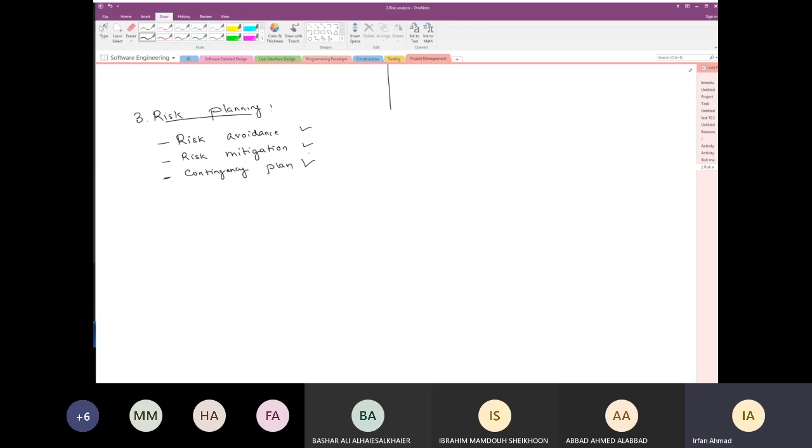Maybe the contingency plan is to have some outsourcing. So I already initiate some discussions with other companies to get myself ready that in case the employees leave and I cannot get good employees in time, I may offshore, right? Or I may outsource some part of the project. So this is part of the contingency planning, right? What you'll do if that happens.